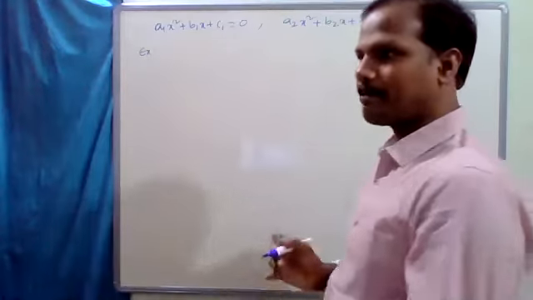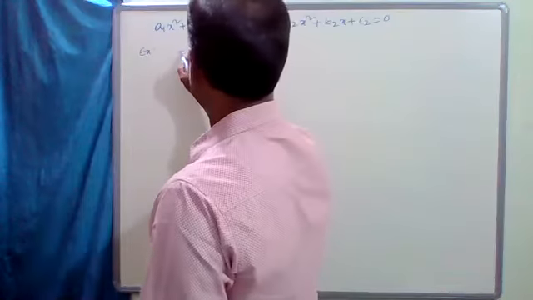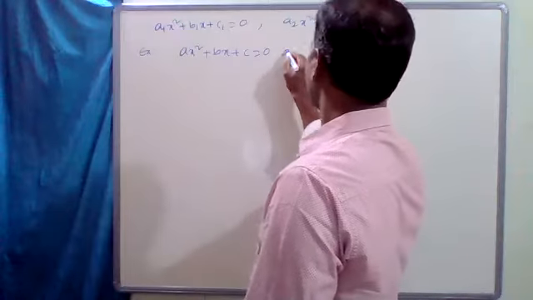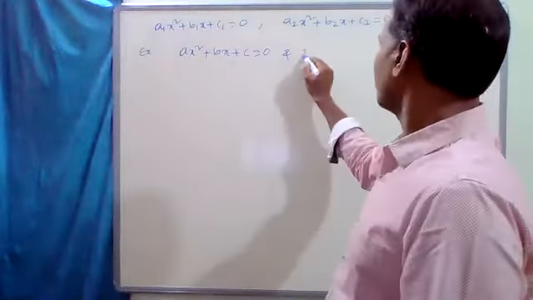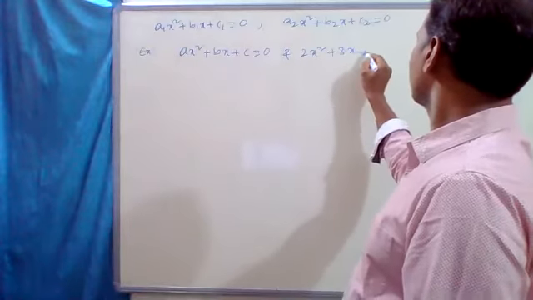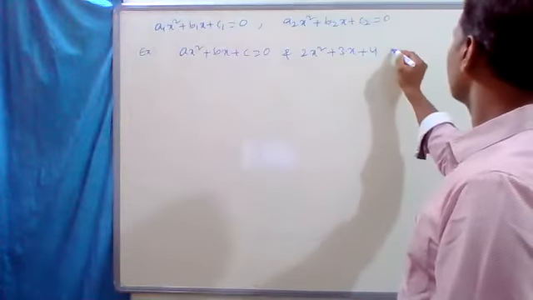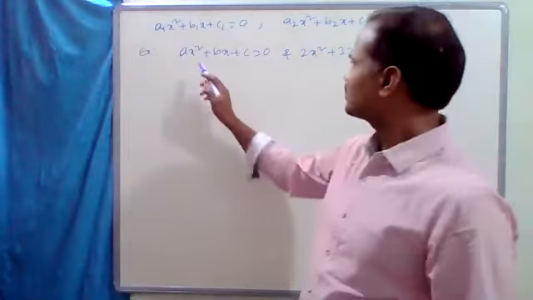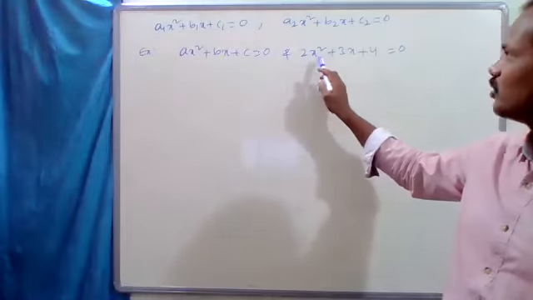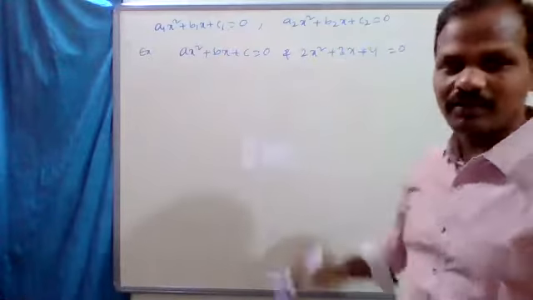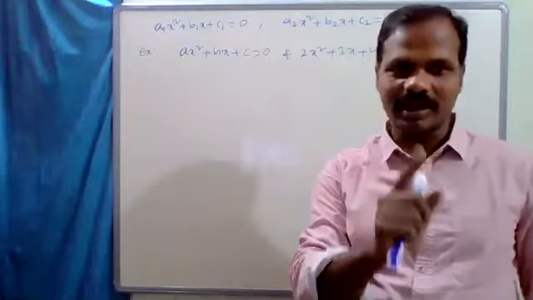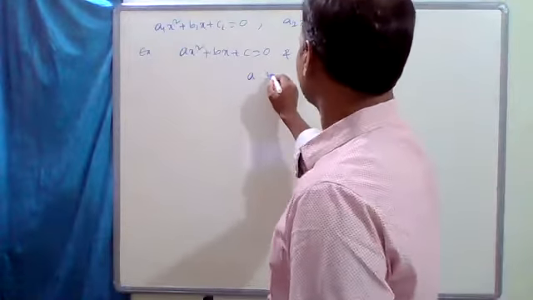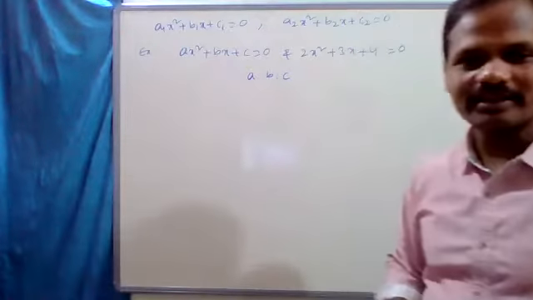Okay, so the problem is, if ax square plus bx plus c equal to 0 and 2x square plus 3x plus 4 equal to 0 have a common root, only one root, then find a is to b is to c.